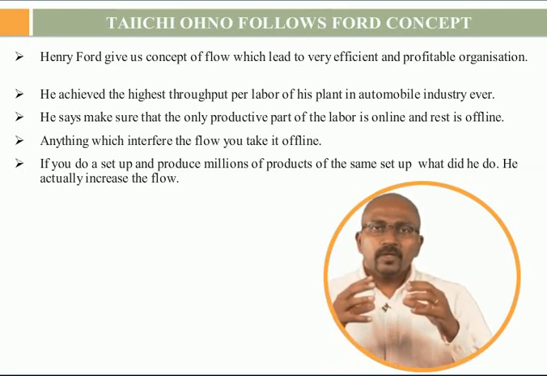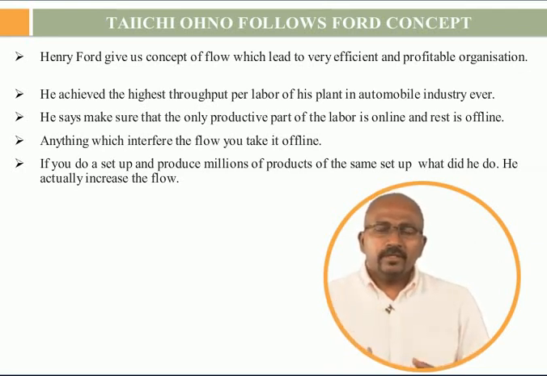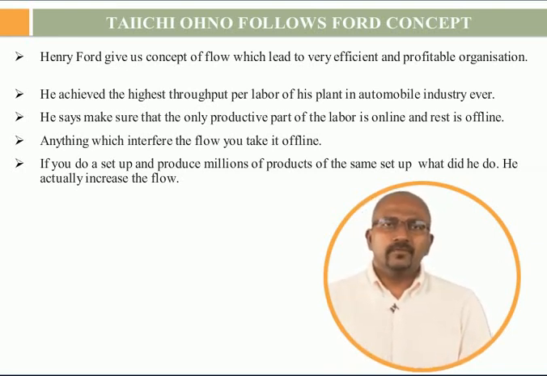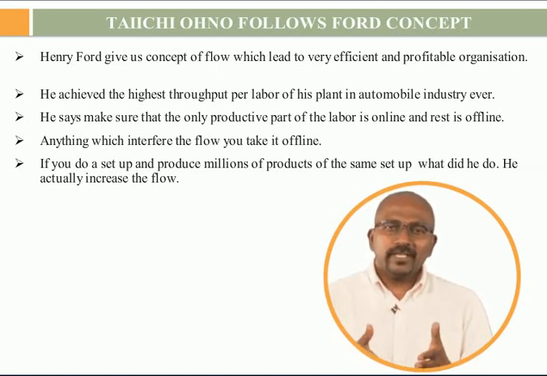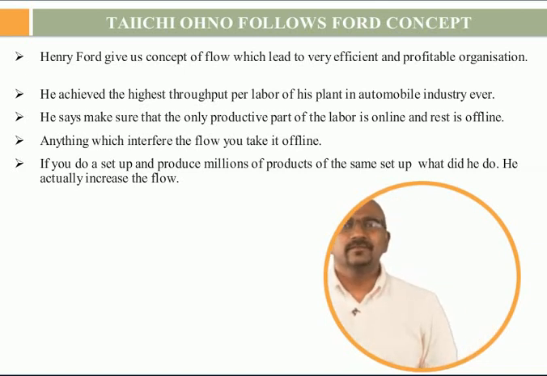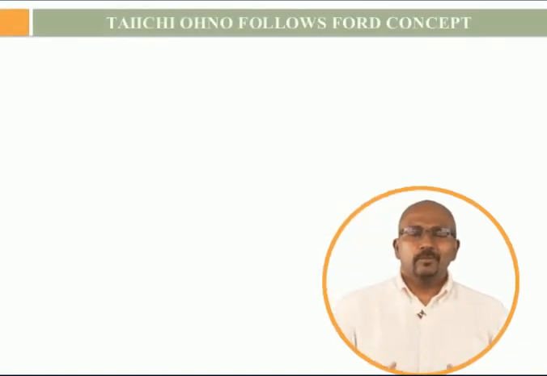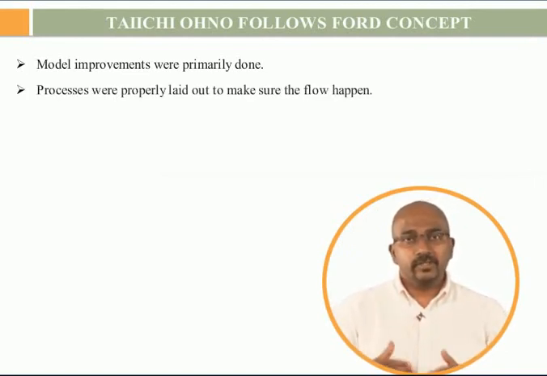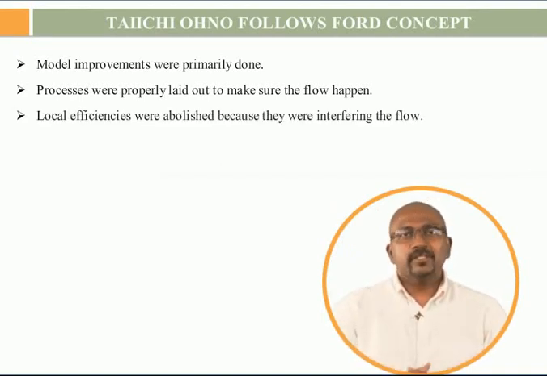So in Henry Ford's time, flow was such an important thing, and anything that came in between flow was very systematically and scientifically removed or abolished. Model improvements were primarily done, the processes were properly laid out to make sure that the flow happens. Local efficiencies were abolished because they were interfering with flow.